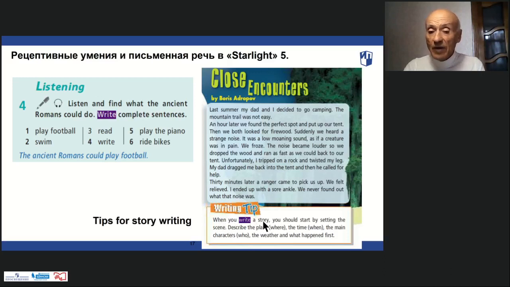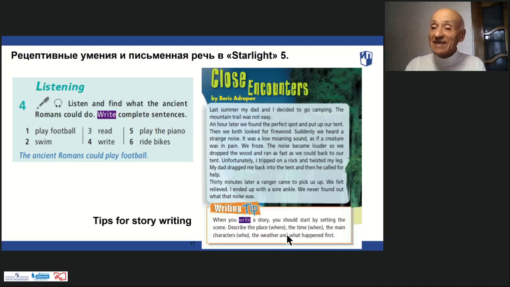Writing tip: when you write a story, you should start by setting the scene. Set the scene. Describe the scene. Describe the place, where, the time, when, the main characters, who, the weather, and what happened first.